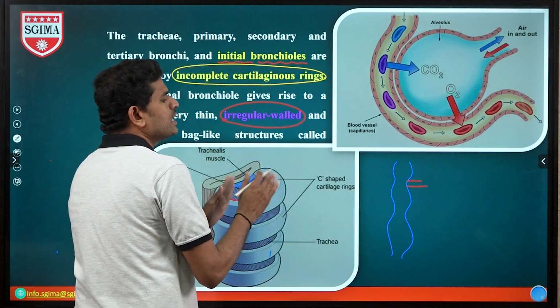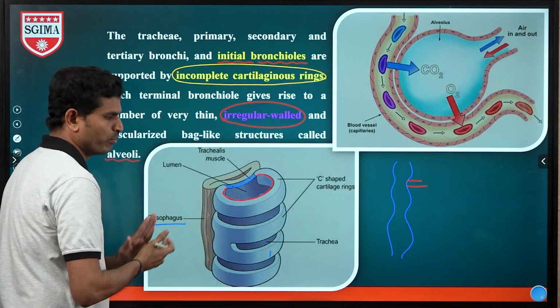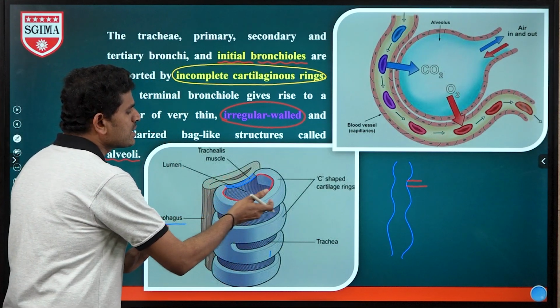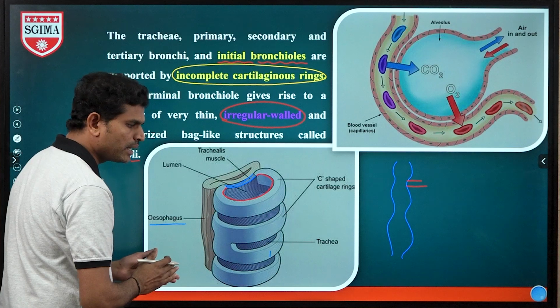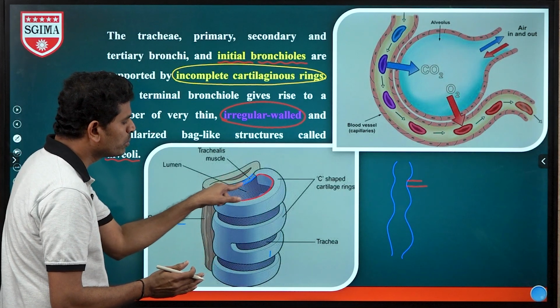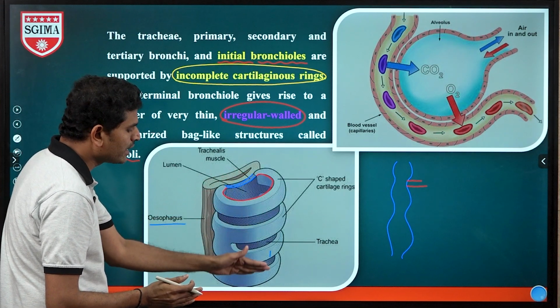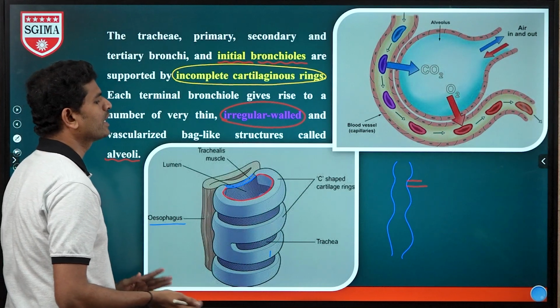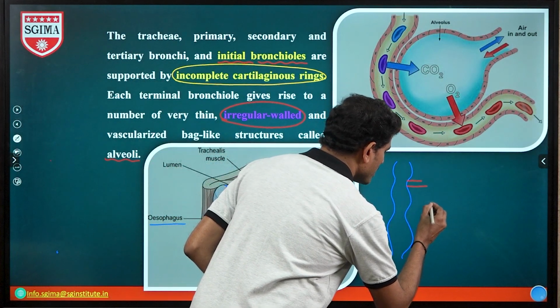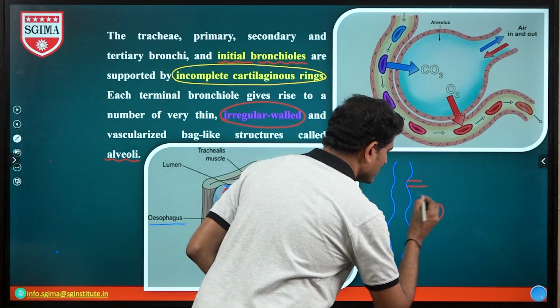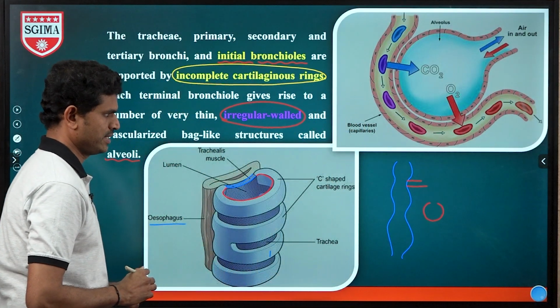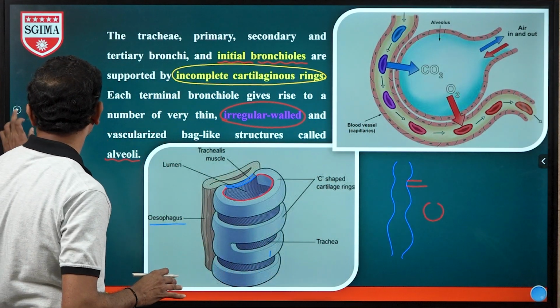That's why, to facilitate easy peristaltic movements, these cartilaginous rings are incomplete on the back side, the dorsal side, and complete on the ventral side. So we can write that they are C-shaped cartilaginous rings. These are hyaline cartilage. Okay, next slide.